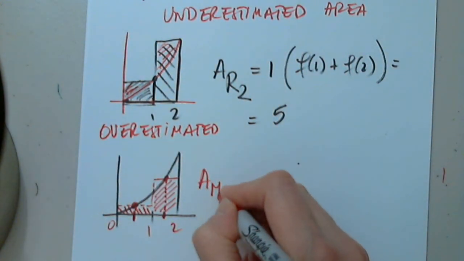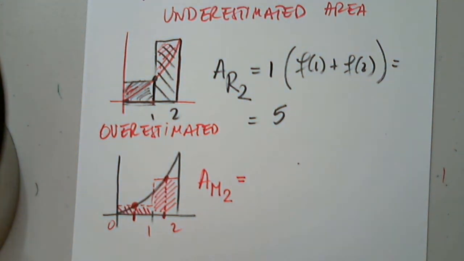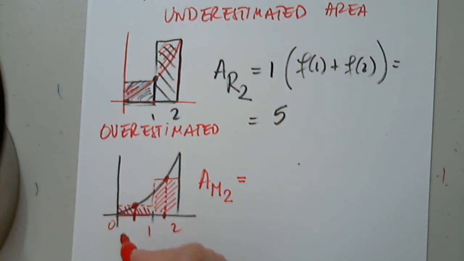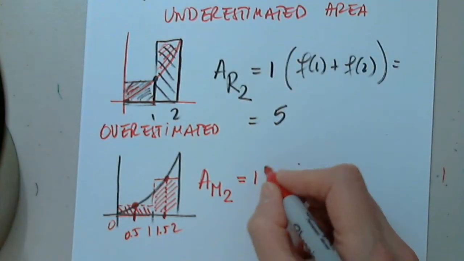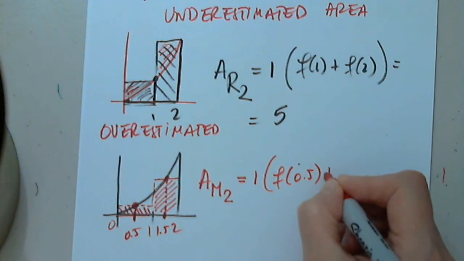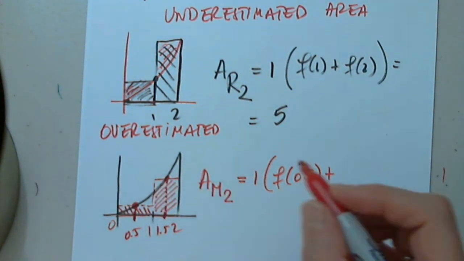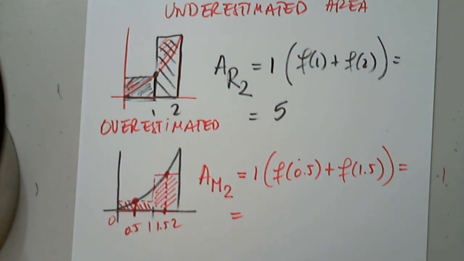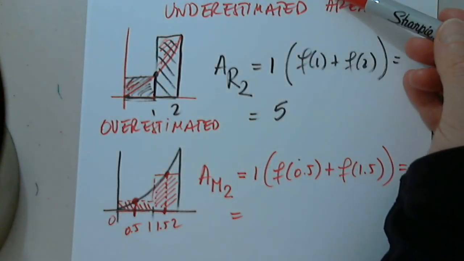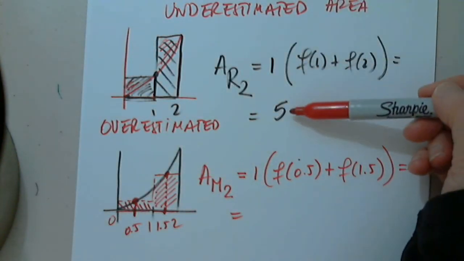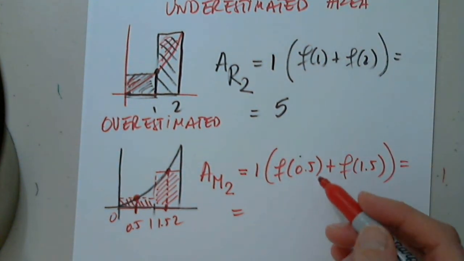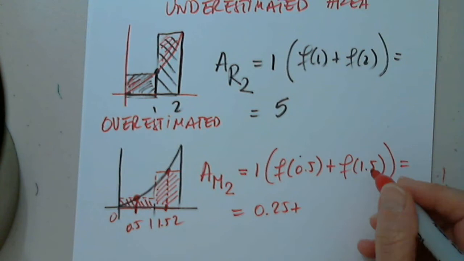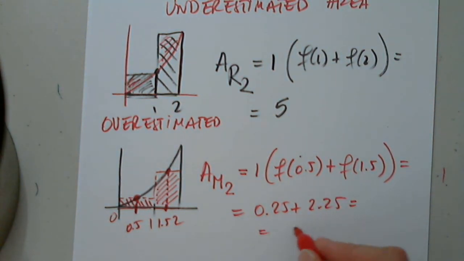The area with midpoint 2, base times height, plus base times height. Is this the best estimate, you think? Do you expect it to be a number between 1 and 5? Of course. Okay, f of 0.5 is 0.25, and f of 1.5 is 2.25, and the sum is 2.5.